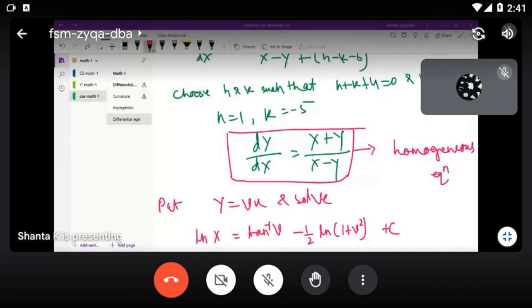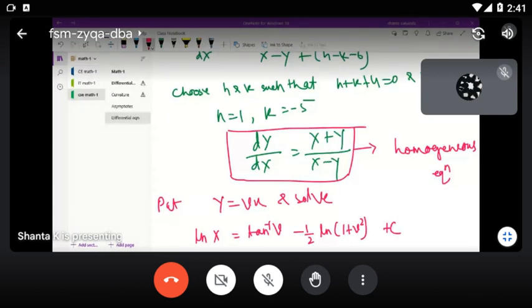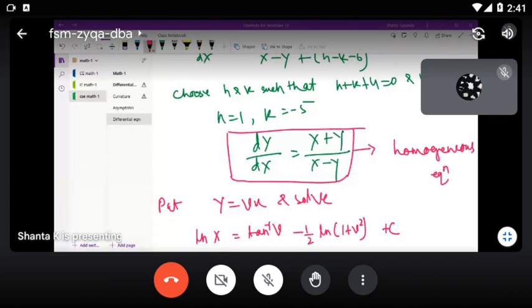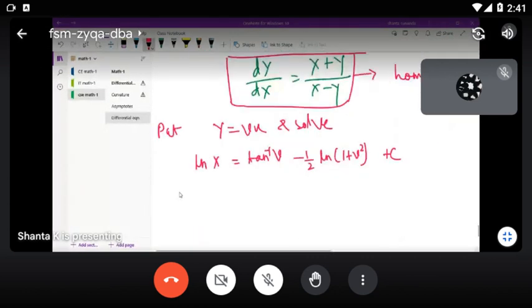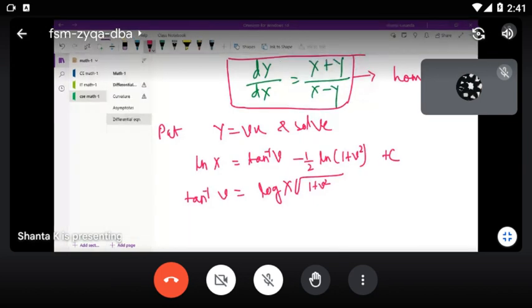So here we can take this tan inverse to one side so that we can use our logarithm. So tan inverse v equals ln X plus, the half will go up, so square root of 1 plus v square, plus c.